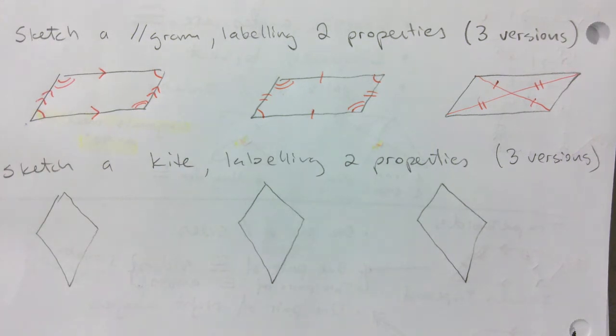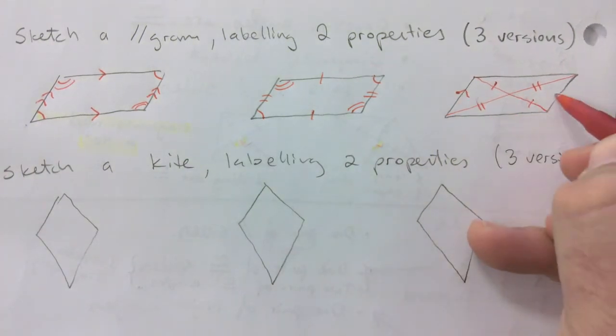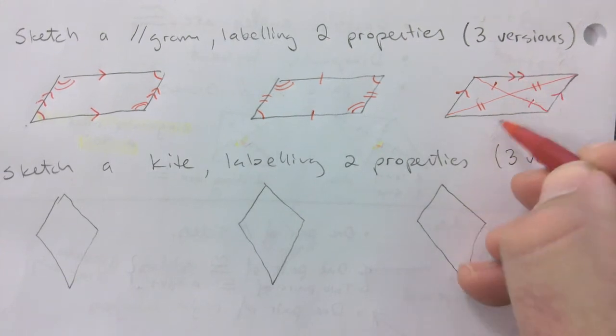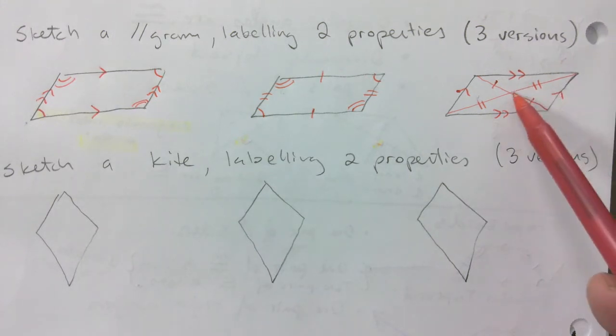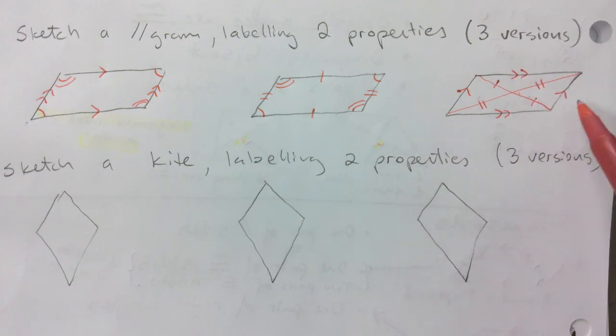Okay. And let's say you wanted to talk about parallel lines. 2 properties done. Right. So many combinations you could use. You could have done diagonals and the fact that these 2 sides are the same, these 2 are the same, you name it.